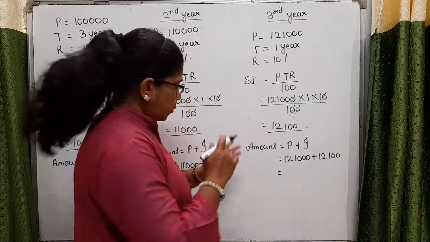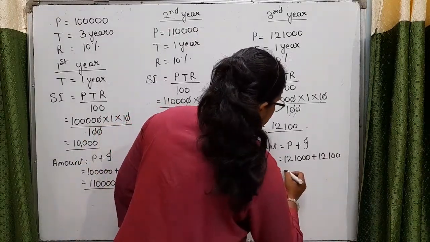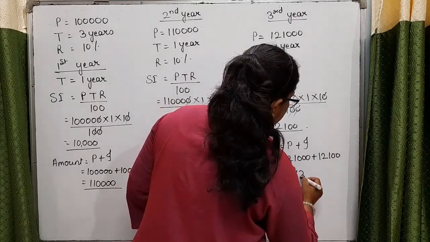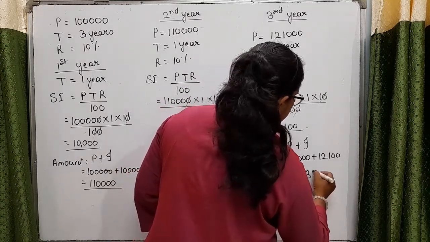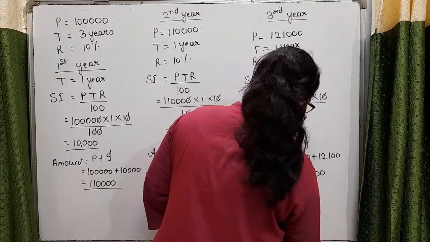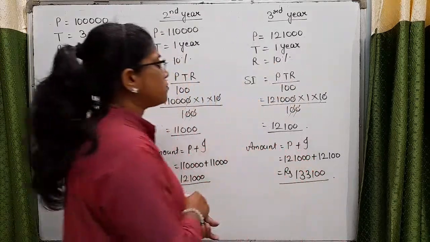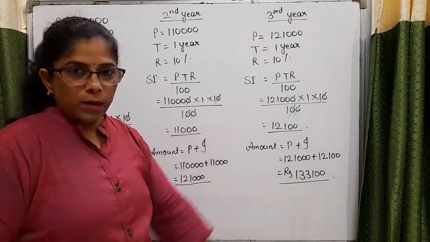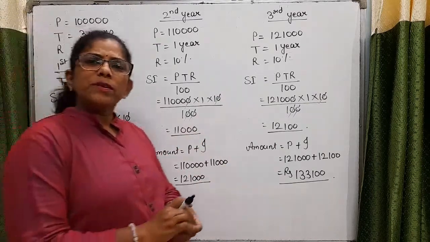So the amount we get here is rupees 1,33,100. So here we have to pay 1,33,100.